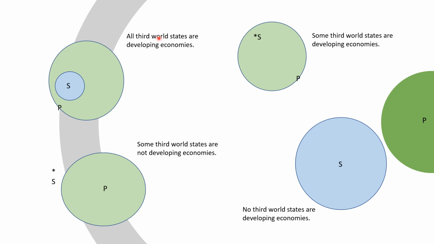Now, in the first proposition, it is clear that the S class, which is the class of third world states, is included in the predicate term, the P, the class of developing economies. In this statement, it's impossible for S to get out, because it is essentially tied to the bigger class of developing economies.